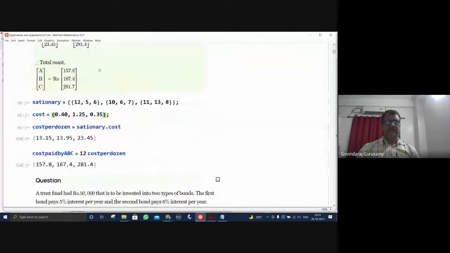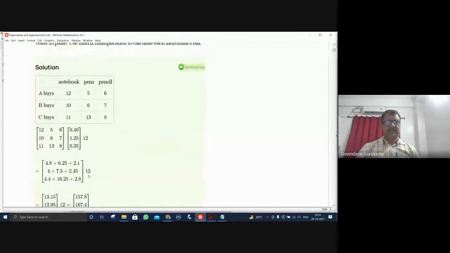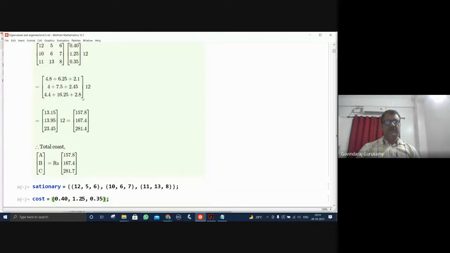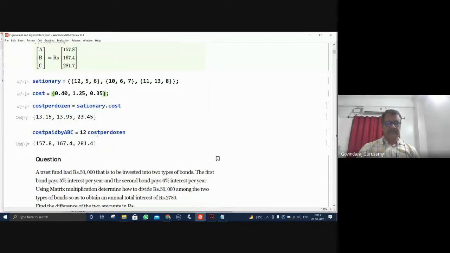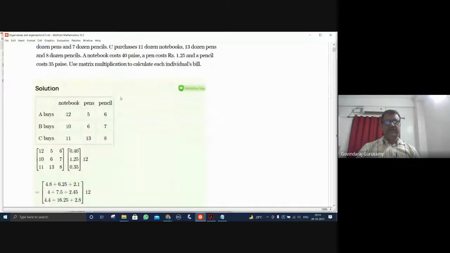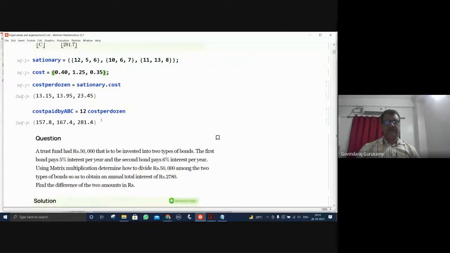Okay, this is what we will be doing in Mathematica to handle the matrix form of the numbers. These numbers are handled very comfortably to evaluate this kind of computation. So you find that this is going to be a very common application of matrices.